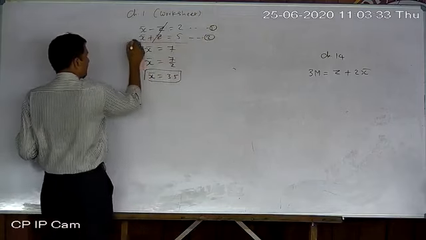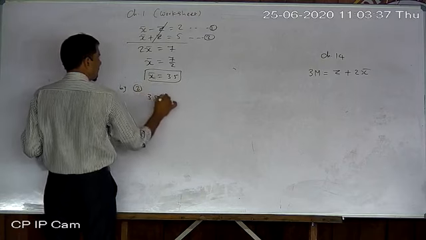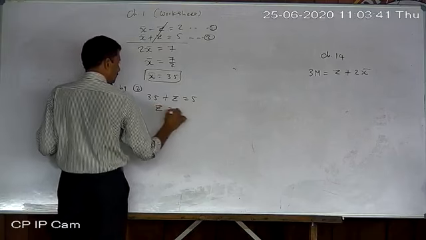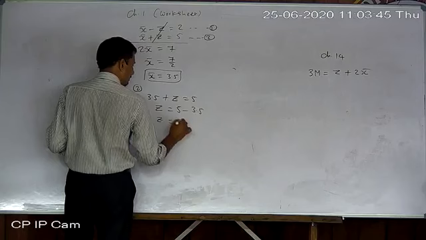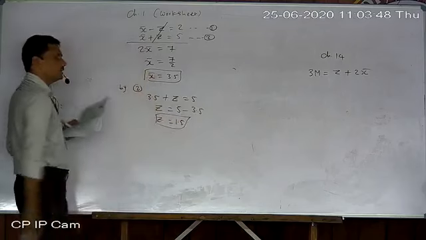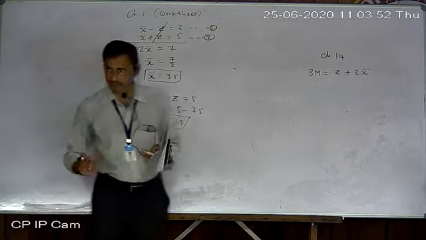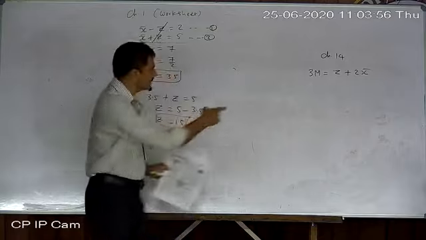You will get the other one also. So now use the second one. So x bar is 3.5, so 3.5 plus z equal to 5. So z equal to 5 minus 3.5. So z equal to 1.5. So we got both variables, meaning we just solve both simultaneous equations by the elimination method. Now use that formula.